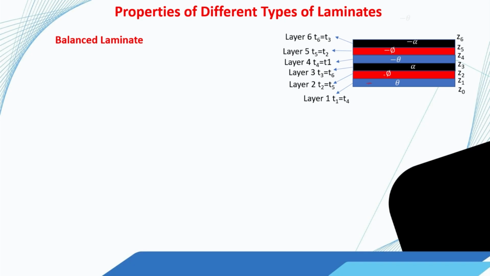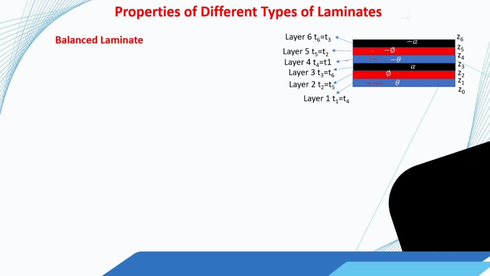Similarly, a red one with phi and another red one with minus phi, and a black with alpha, another black with minus alpha. Now, the thickness of these two corresponding plies has to be the same. So, this ply is balanced by this ply, and that is why we have T1 is equal to T4.